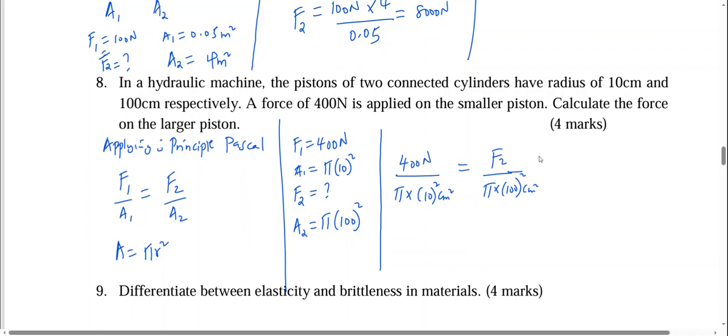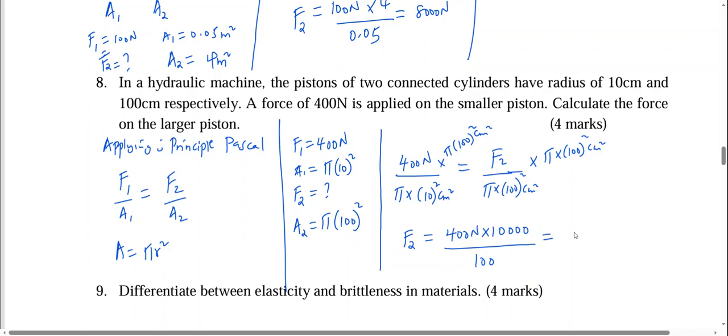Therefore, if I multiply both sides of the equation with pi times 100 centimeters squared, I remain with F2 being equal to 400 Newton multiplied by 10,000 all over 100.